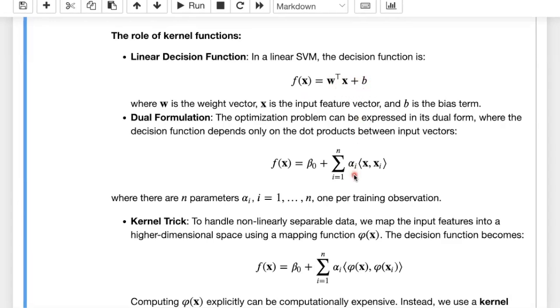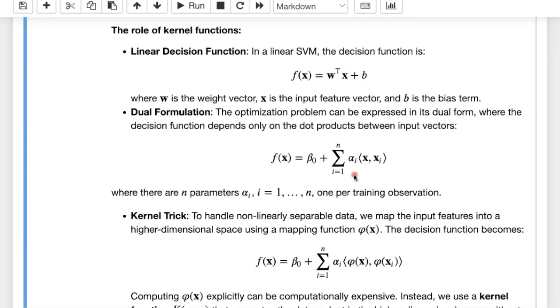It appears that if we use what we call the dual formulation, we can write our optimization problem in a different form, where this f(x) has, again, a bias term or constant, plus the dot product, or inner product, between this x and all the training data points, these xi's, and each one needs to be scaled by some alpha, which is why we show this alpha i.